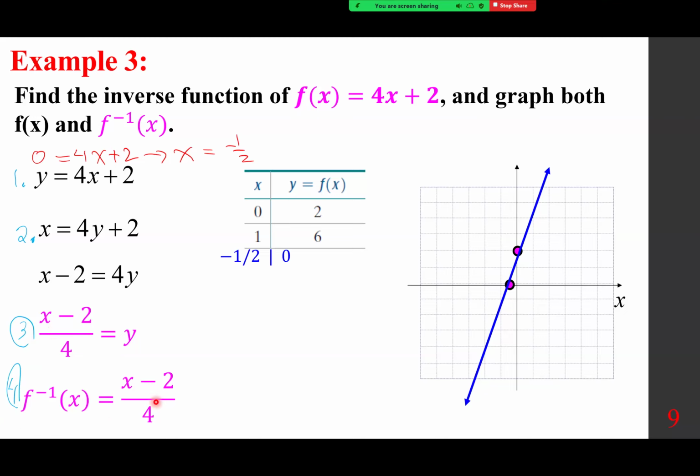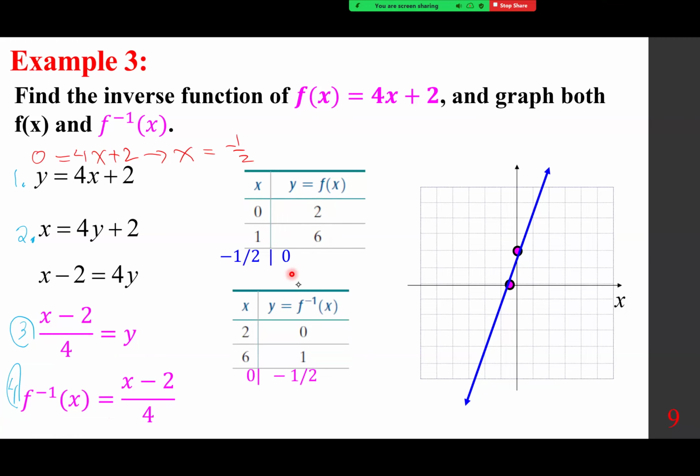Now we need a couple of pairs here. You can figure out what the pairs are, or just simply put: (0, 2) becomes (2, 0), (1, 6) becomes (6, 1), (negative 1/2, 0) becomes (0, negative 1/2). Okay, very simple.